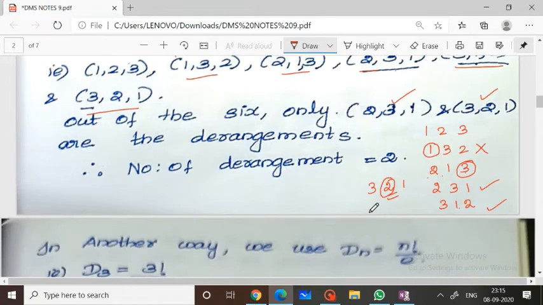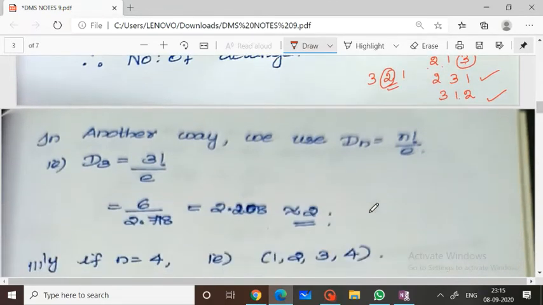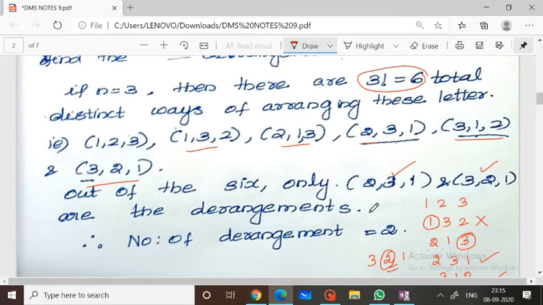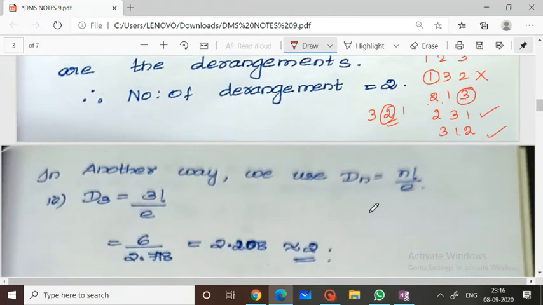In another way, without writing all these derangements or all these calculations, I can directly apply the formula. We use dn is equal to n factorial divided by e. So when n is equal to 3, d3 is equal to 3 factorial divided by e, which is 6 divided by 2.718, which is 2.208.